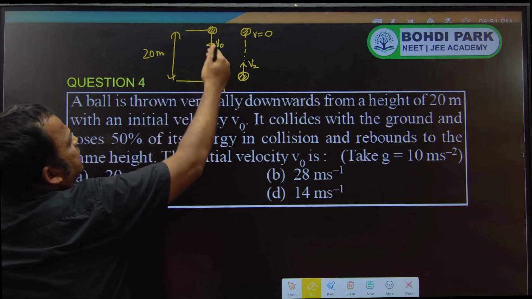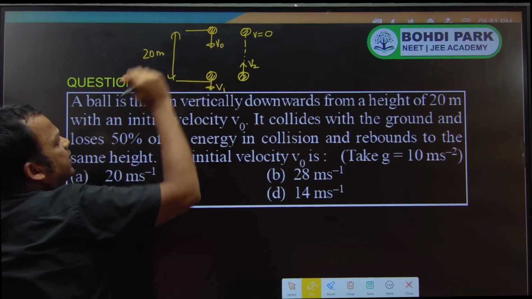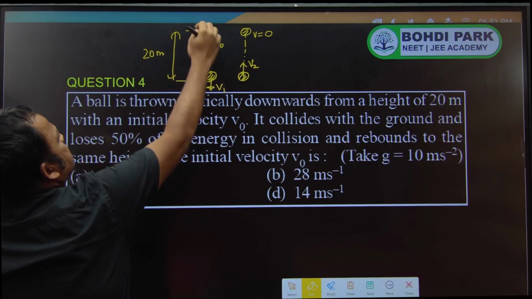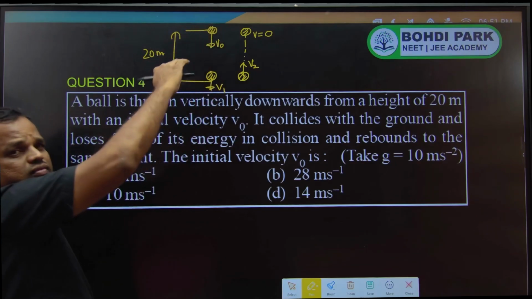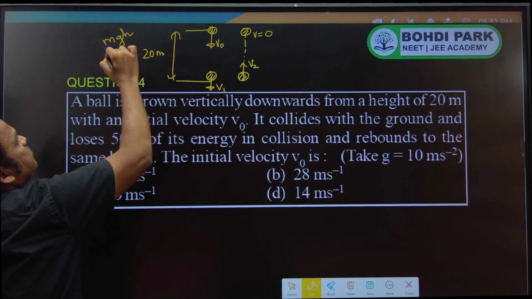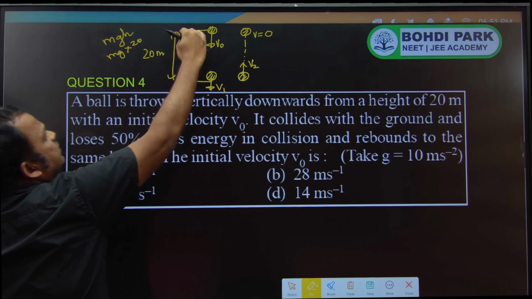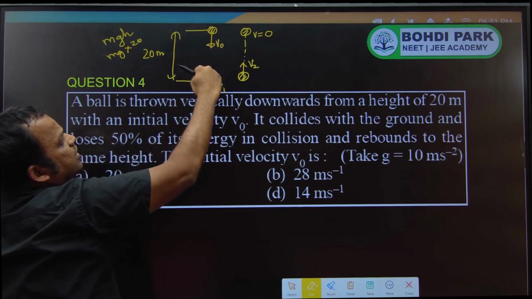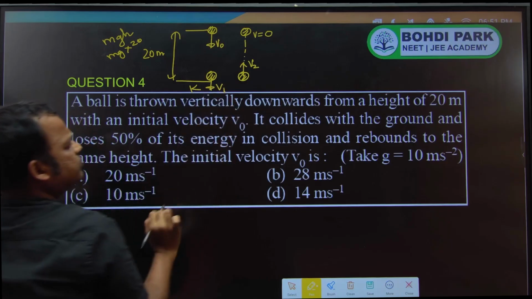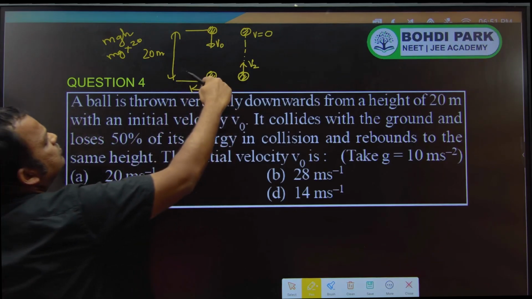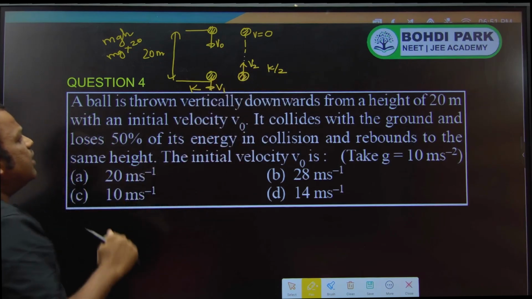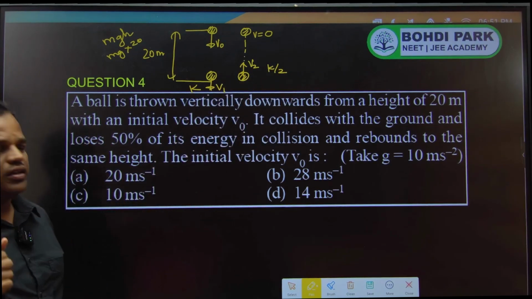We can check the loss in kinetic energy, which is 50% during the collision. So what is the initial potential energy? Initial potential energy is mgh, with h equal to 20. Then it hits the ground with kinetic energy, suppose K. Then it rebounds with kinetic energy K by 2, because half of its kinetic energy is lost.